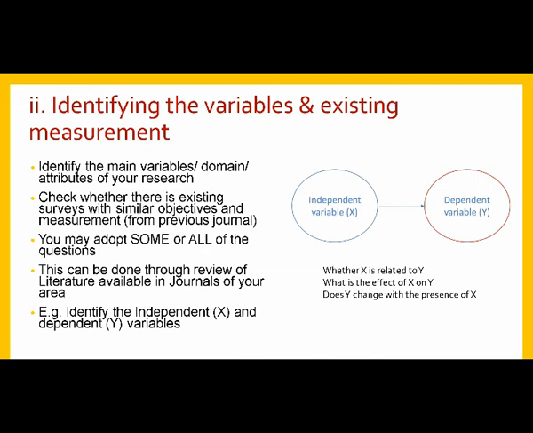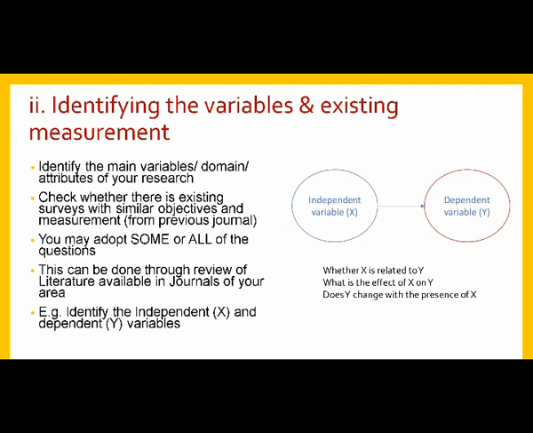After having a clear understanding of the purpose of the questionnaire, you need to identify the main variables or domains of your research. This is important because these variables will form an important part of the content of your questionnaire. You will also need to check whether there is any existing survey with similar objective and measurement in the previous journals.